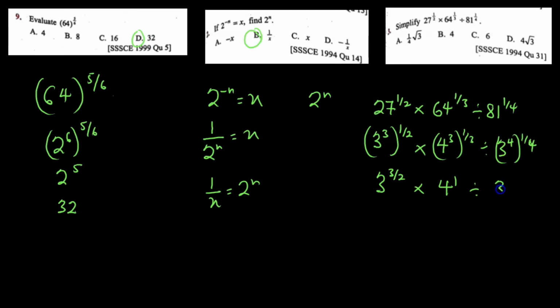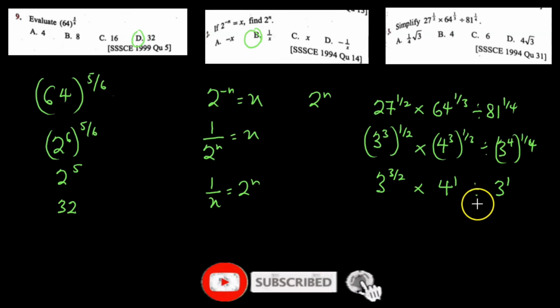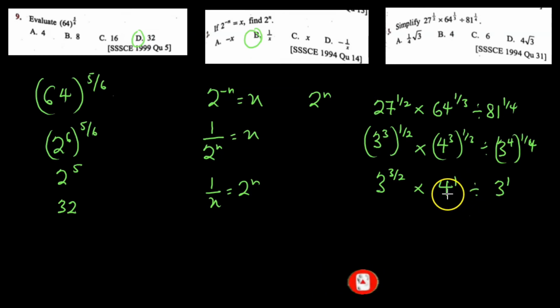That will also give us 3 to the power 1, because 4 times 1/4 will be left with 1. So ideally, we can also have it as 3 raised to the power 3/2 divided by 3 raised to the power 1, multiplying 4 to the power 1.